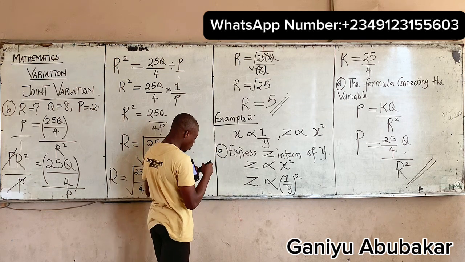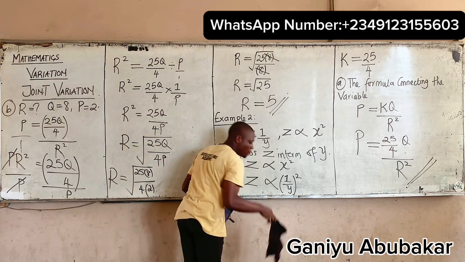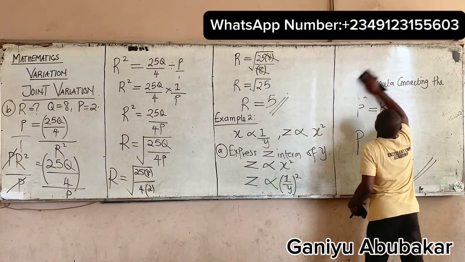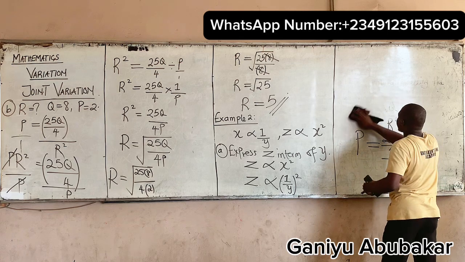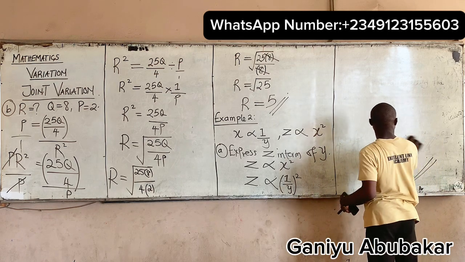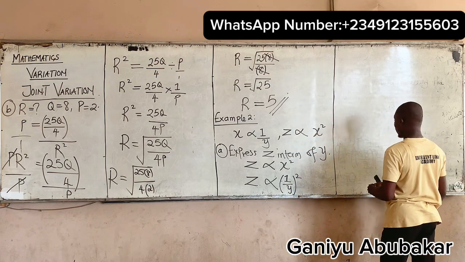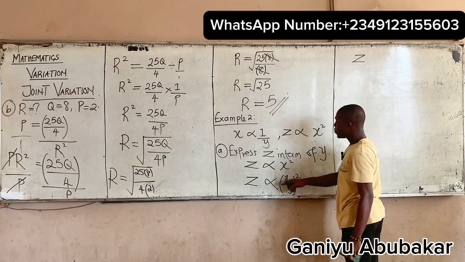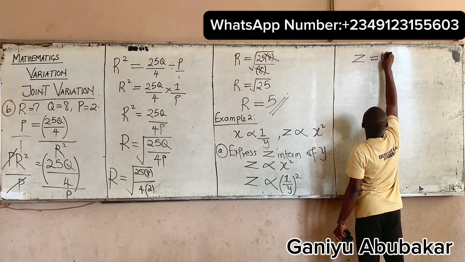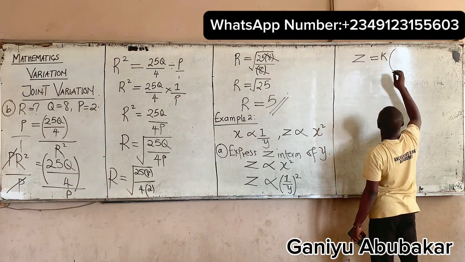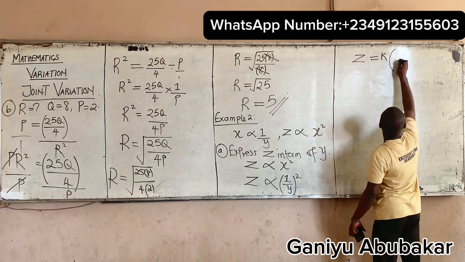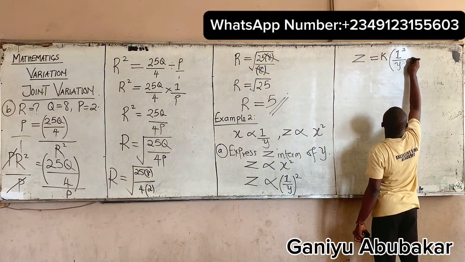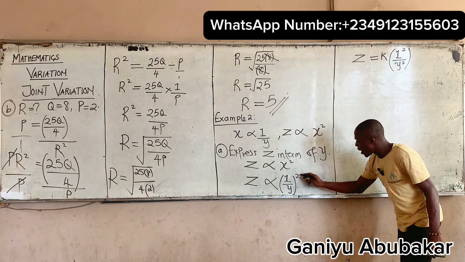From here, if I'm to proceed further, applying indices, this gives 1 squared over y squared, since the square affects the power.